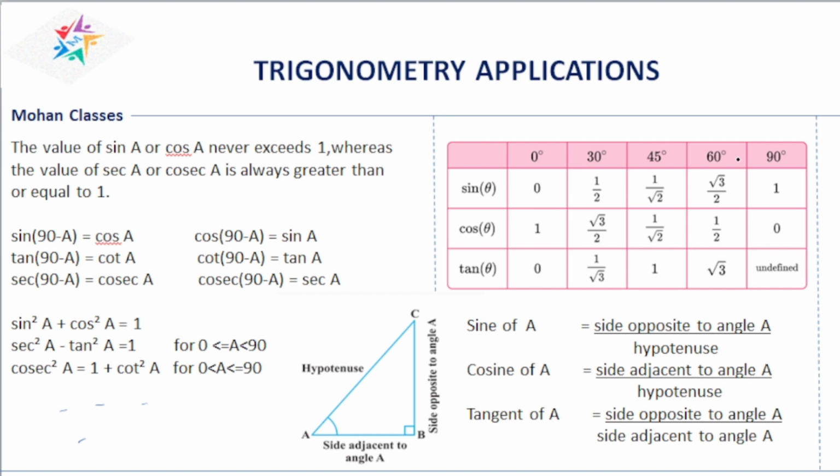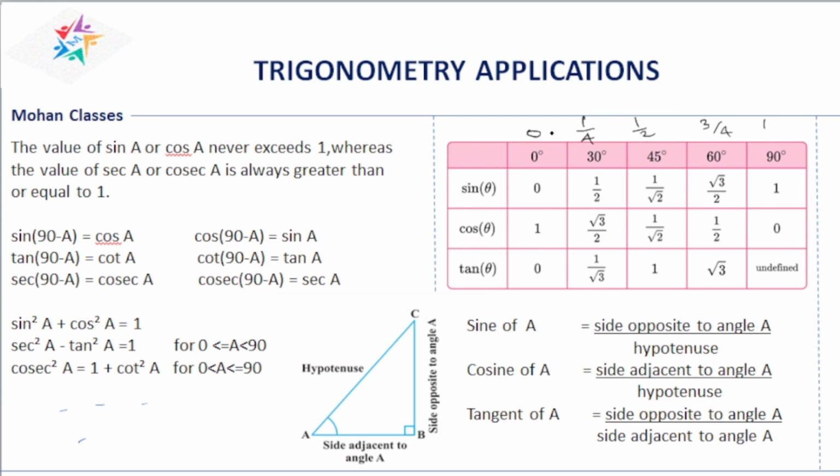Okay. Also, these values of sin 0, sin 30, sin 45, sin 60, sin 90. Already I have taught you how to remember these values, right? What I told previously, you have to start with 0, 1 by 4, 1 by 2, 3 by 4, 1.